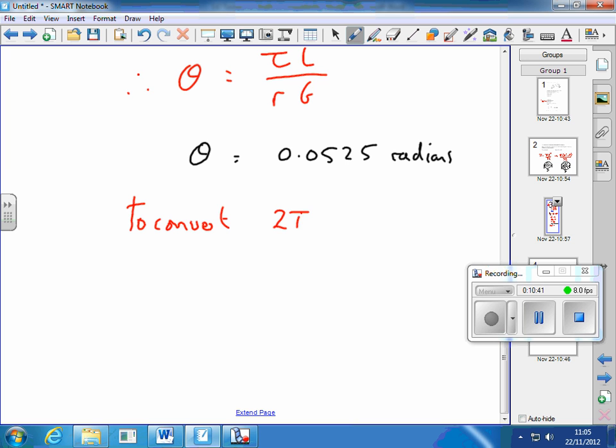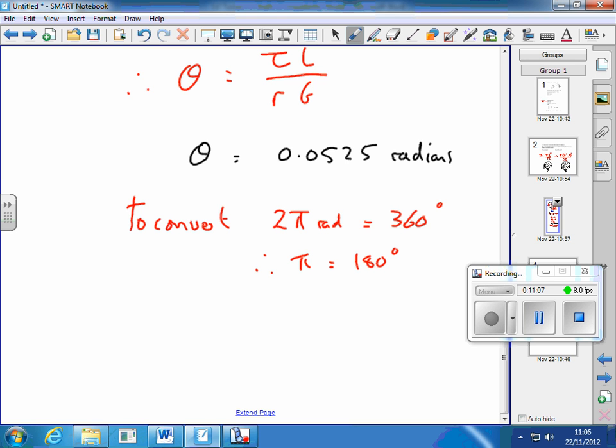2 pi radians is 360 degrees is the conversion factor that we use. So therefore, pi is equivalent to 180 degrees. If I want to convert from radians to degrees, what I really need to know is what 1 radian is.